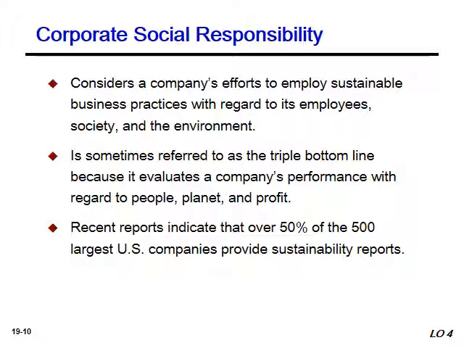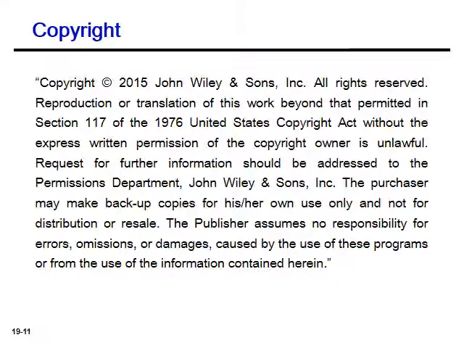One thing that they've referred to as the triple bottom line. More than 50% of the 500 largest companies provide sustainability reports. And as I said, the CPA, or American Accounting Association, has now released a set of standards to audit these sustainability reports. So it's now actually a formal thing that's out there.